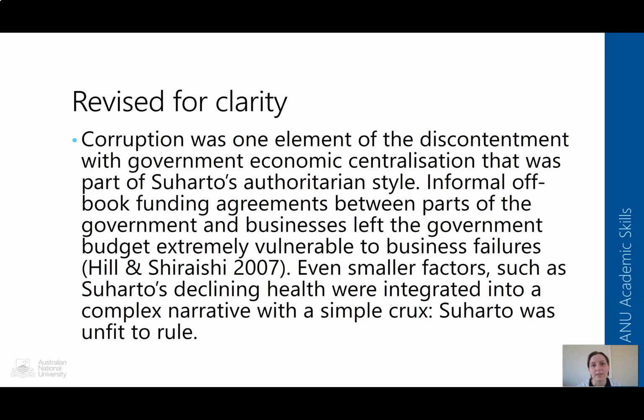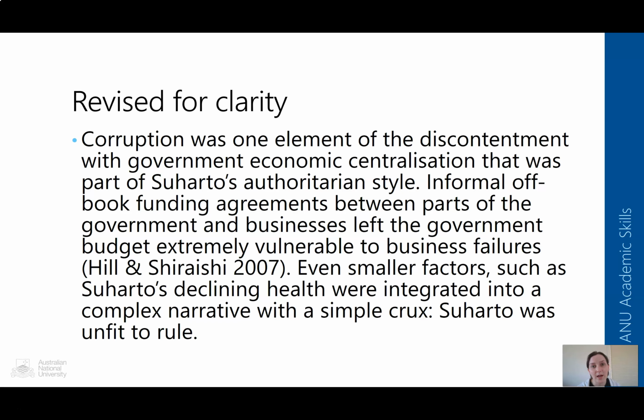So this is actually the students' original work. So what they've done is they've actually presented very complex ideas, but in 3 separate sentences, and they've explained the connections between the ideas. So that final one puts the idea about Suharto's declining health being used for a narrative about Suharto being unfit to rule.